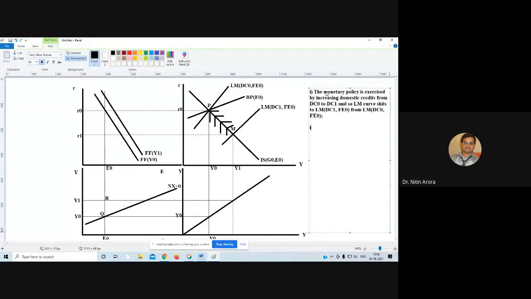Number two, at point M, economy is in short run equilibrium where IS intersects LM, right?